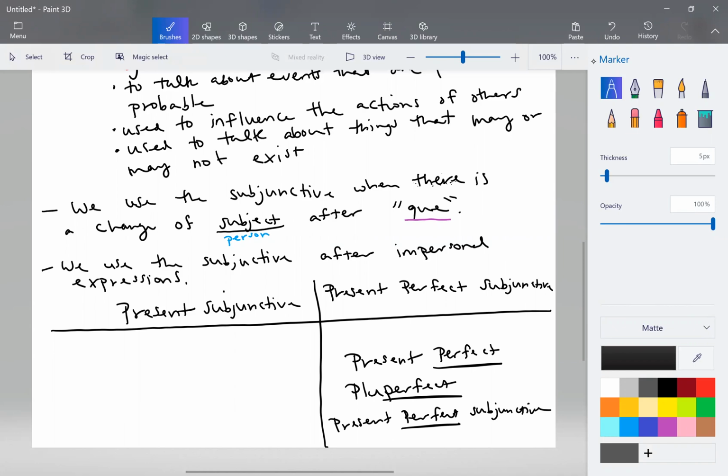Does anyone know what that commonality is? Okay. They always have a version of haber plus a past participle. So anytime you see perfect in a tense, it means you have to have two words to make your verb. Every time.